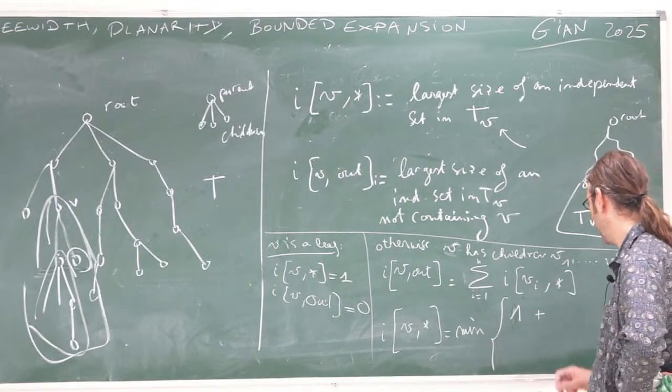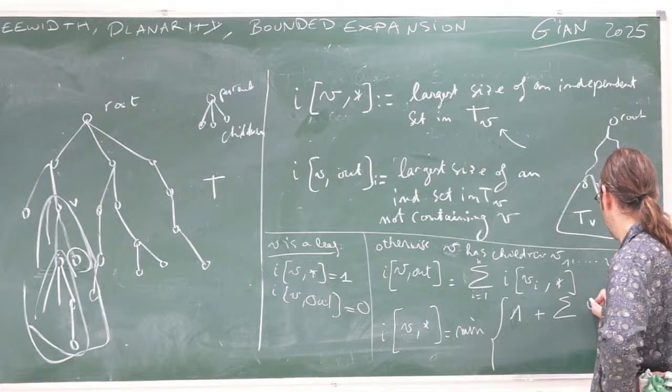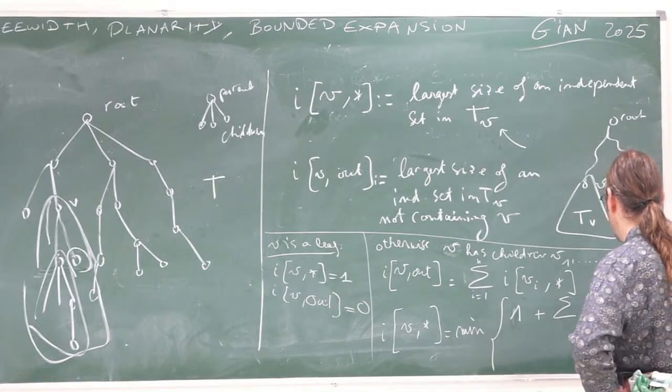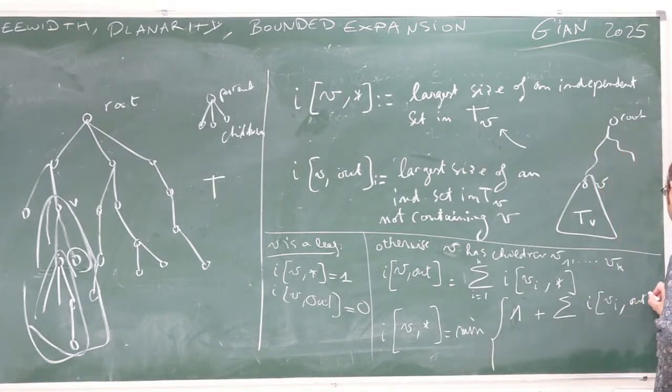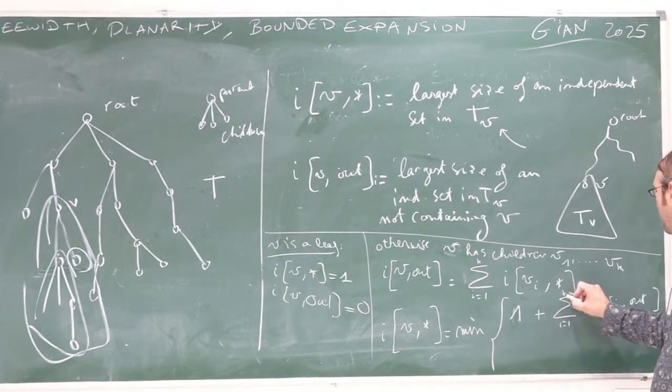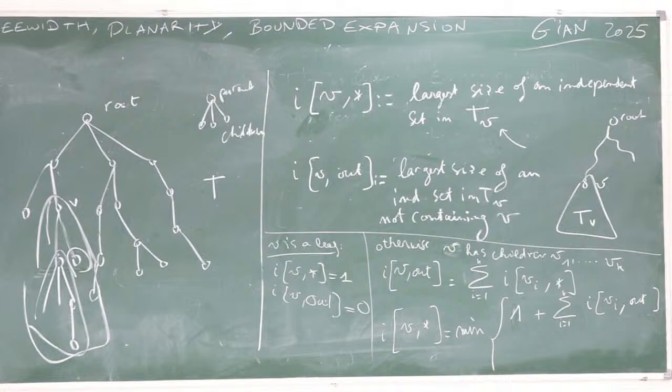And I will take sum for all the children. Now that V is inside, I'm absolutely obliged to take the children out. Otherwise I will not get an independent set. So this is one case where I'm taking V and so its children are all out. So assuming I have computed the functions for the children, I can just write it like that, inductively.